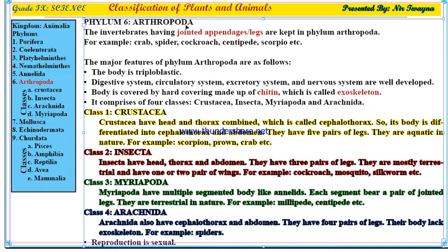So Arthropoda basically means jointed appendages or jointed legs. The invertebrate animals which have jointed appendages or jointed legs are kept in phylum Arthropoda.